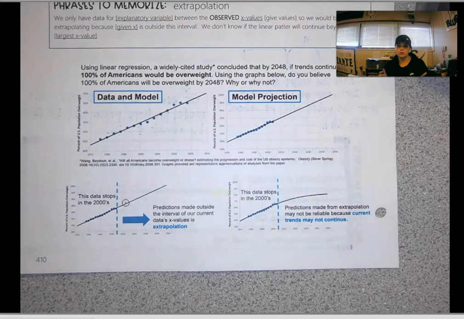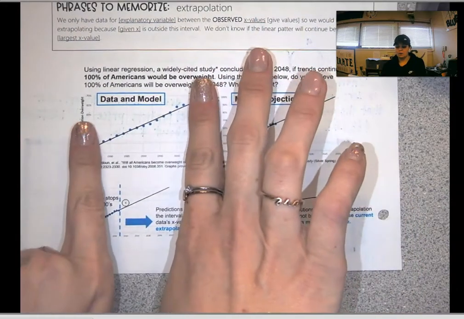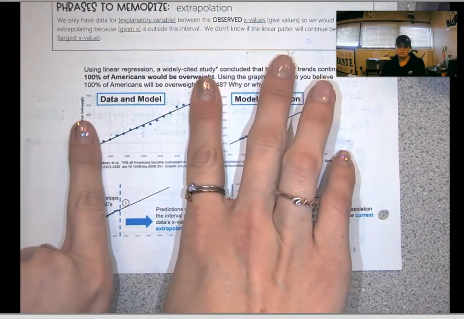We can only predict the percent of our population that is overweight between the years 1978 and 2004 because that is the only time period we actually have data on. We do not want to make predictions for data that is outside of the observed values that we have because we don't know what happens for those x values. We only have an idea about what happens for these ones.